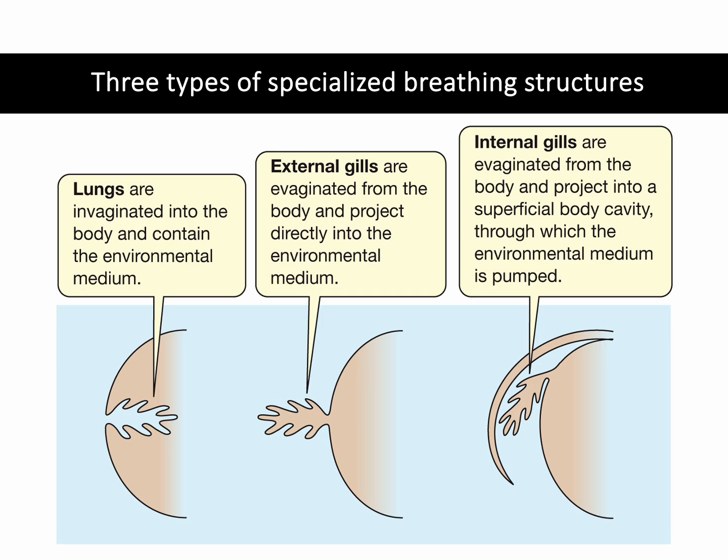External gills are evaginated, which means they go out from the body and project directly into the environment, so they're going to be bathed with water. You also have internal gills, and they're evaginated from the body and project into some type of superficial body cavity, and then the medium gets pumped through that body cavity and bathes those internal gills.